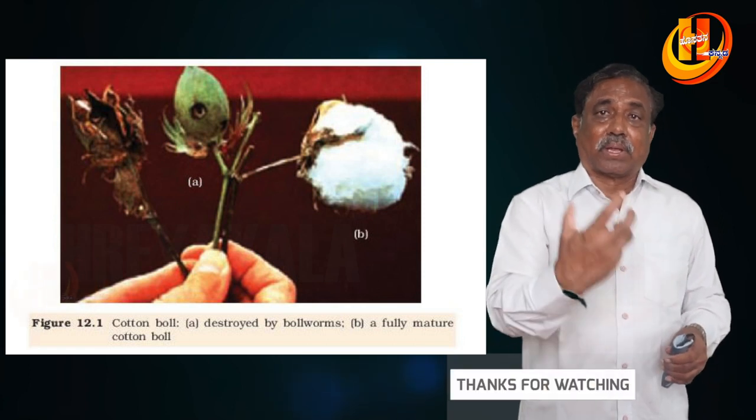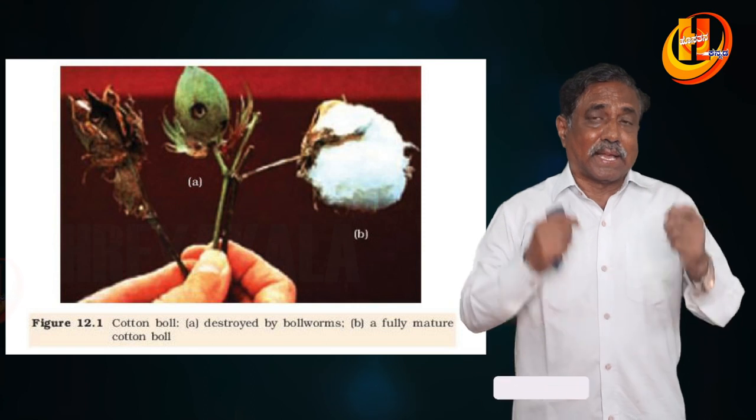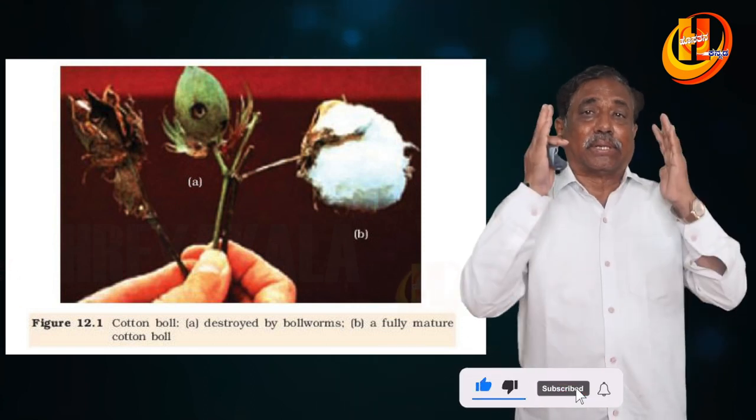These three genes can be obtained from the bacterium Bacillus thuringiensis and then inserted into the cotton plant.